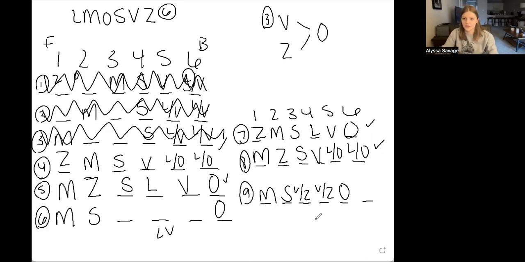And filling in the rest of my world with L, that's going to force L to go in my last spot. This is where the lines become like an accordion. We can spread it out as far as we want or as close as we want. So here we have S, my V is going to be somewhere here, and my L is over here. We're still following the rule that S has to be before V and L.